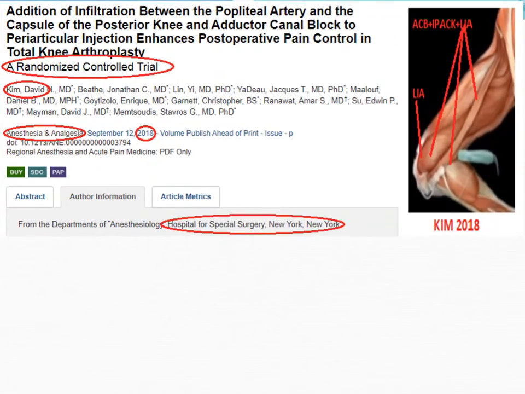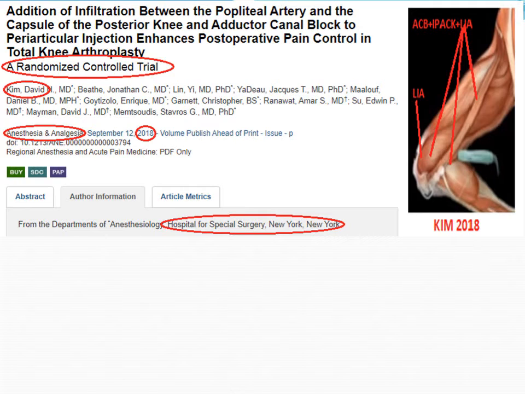The second study is an RCT that described this triple block in comparison with the periarticular injection. He introduced it at the World Congress in 2018 in New York, and I was submitting another paper about quadratus lumborum at the same Congress.